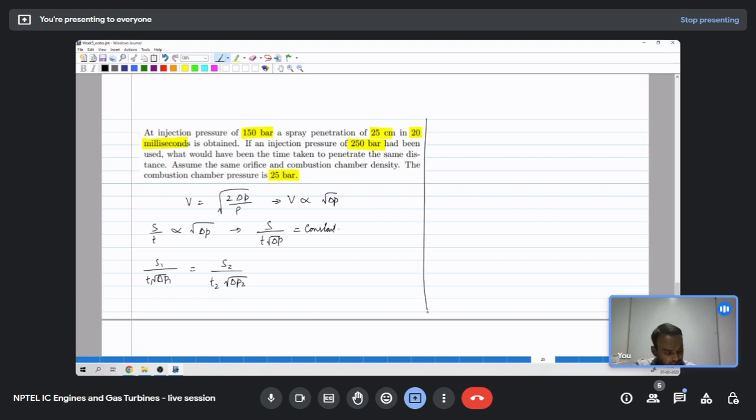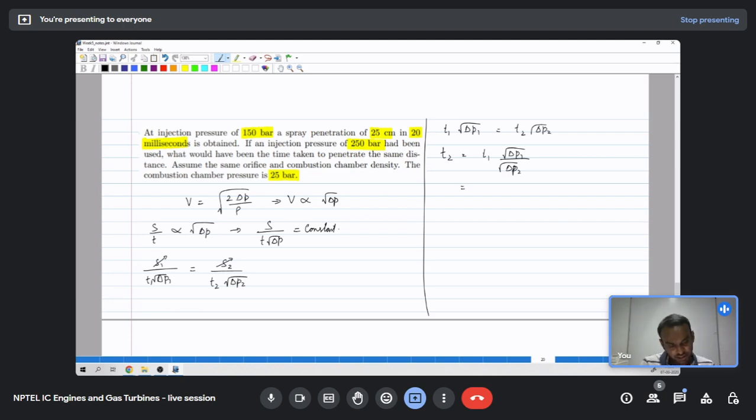Now the penetration length is the same, that means these two get cancelled out and we will be left with T1 root delta P1 is equal to T2 root delta P2. So T2 is T1 into delta P1 under root divided by delta P2 under root.